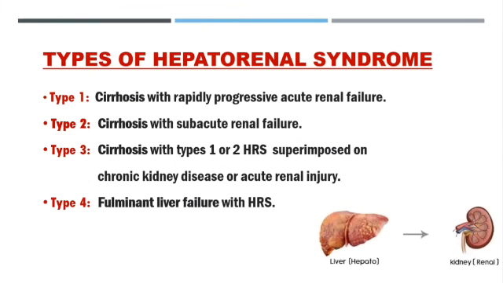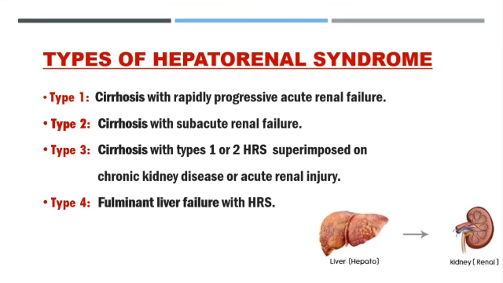There are several types of hepatorenal syndrome. Type 1 is cirrhosis with rapidly progressive acute renal failure. Type 2 is cirrhosis with subacute renal failure. Type 3 is cirrhosis with type 1 or 2 hepatorenal syndrome superimposed on chronic kidney disease or acute renal injury.